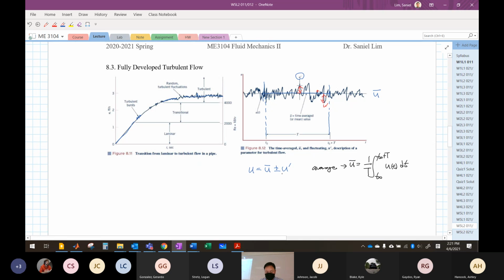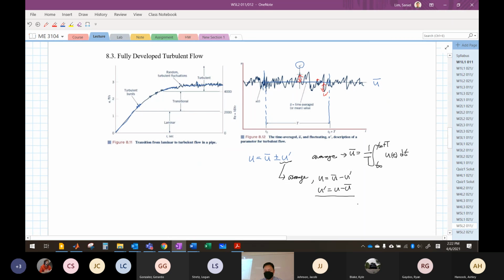How about the fluctuation now? It's moving back and forth, so let's take the average value. Let me set one equation: u is u bar plus u prime, so u prime is going to be u minus u bar. Then let's find the average of them.